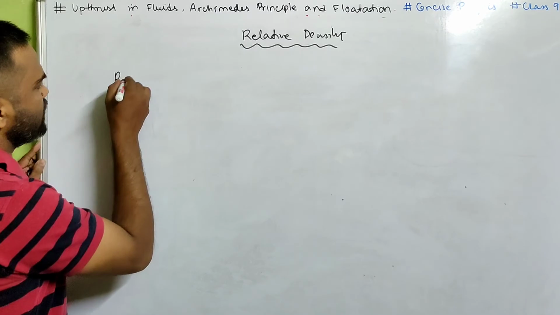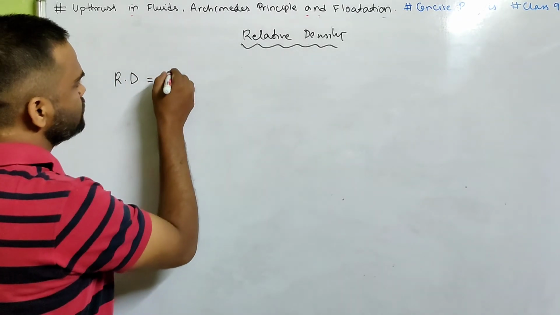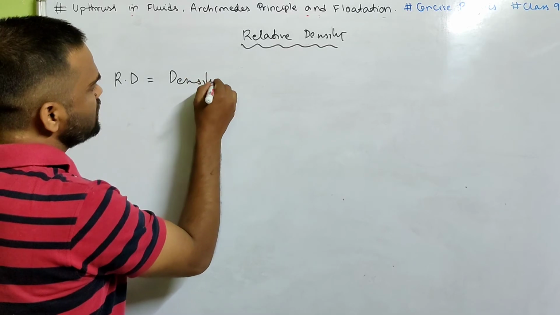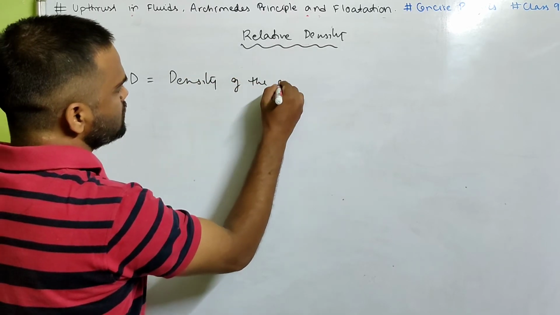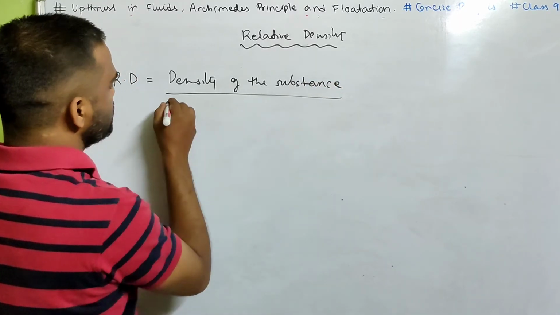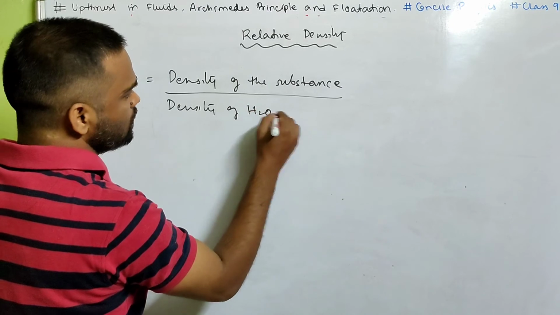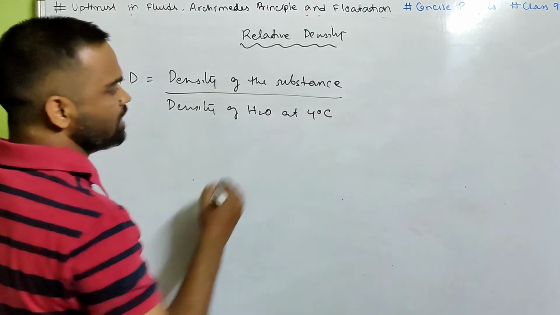Now relative density of a substance, RD, is equal to the density of the substance divided by the density of water at 4 degrees centigrade.